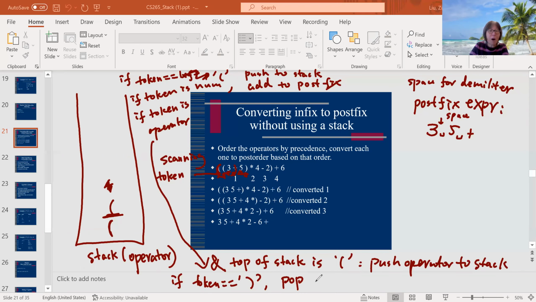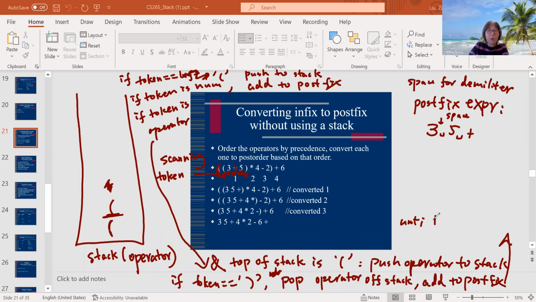We need to pop operators off the stack and add them to postfix. You need to keep doing this if there are more operators. Keep doing it until what?